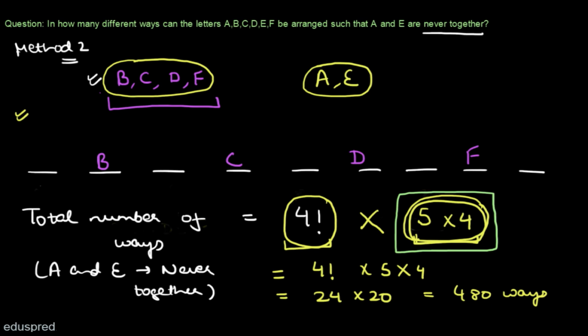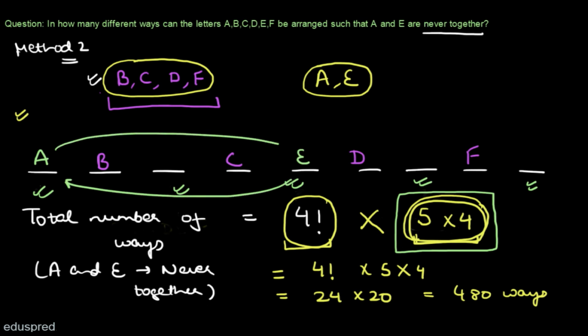What we have here is that we have to insert A and E into this expression. So that means out of the 5 available spaces we have to select 2 spaces, and the ordering is going to matter in this case. This is because if I select the first space for, let's say, A, and this space for E, then if I interchange this, we will get different outcomes.